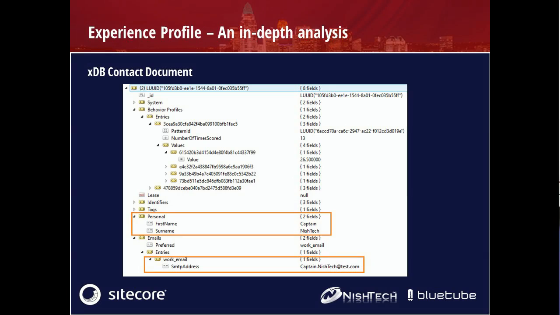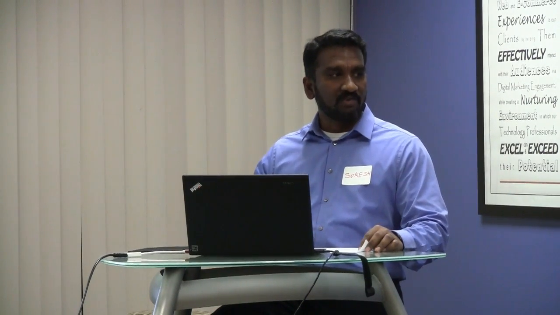So here's an example of what the xDB contact document looks like. I'm not sure how many of you have played with the Mongo database. Within Mongo, you can see what the contact document looks like: their work email shows up here, their personal information shows up here, and it also shows their behavior profiles, their pattern card, and how their activity on the site matches the personas that we have defined within our website, what pattern they match, and how much engagement value they gained by navigating through the site.